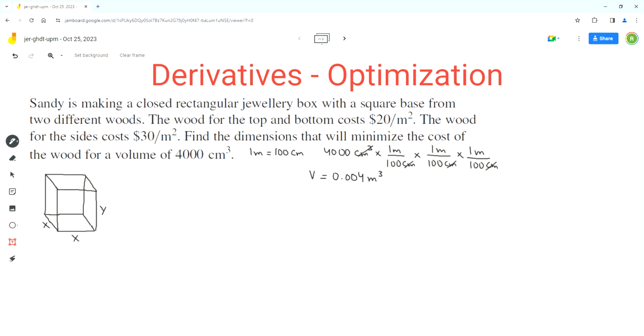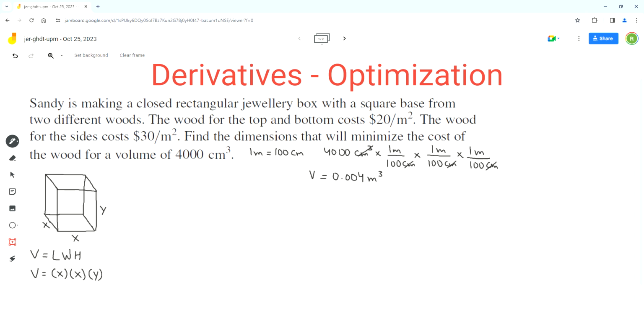This is a prism, and for a prism the formula for volume is length times width times height, and it can also be written as area of base times height. So volume will be equal to x times x times y.